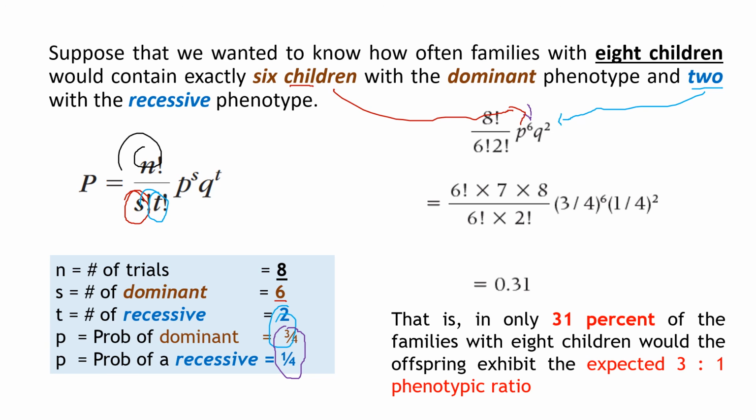So in other words, there is only a 30%, 31% chance that families with 8 children will experience the 3-to-1 phenotypic ratio. Okay, so it looks very difficult, but it was actually pretty easy and we were able to solve it. In class, one of the students or I will solve this exercise. Please start thinking about it.